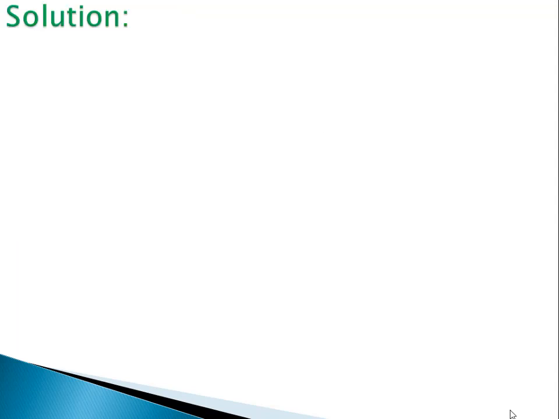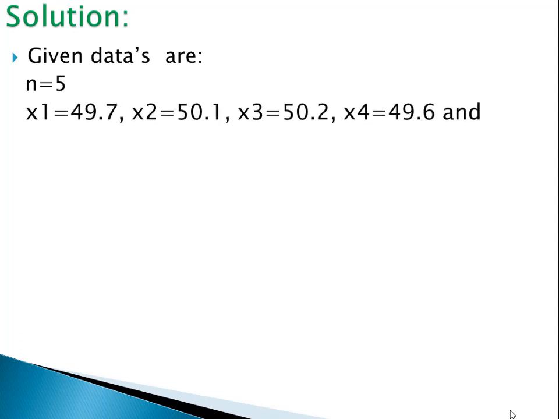Now the solution for this problem is, in the given problem, the total number of readings n is equal to 5. Similarly, the first reading x1 is equal to 49.7, x2 is equal to 50.1, x3 is equal to 50.2, x4 is equal to 49.6 and x5 is equal to 49.7.